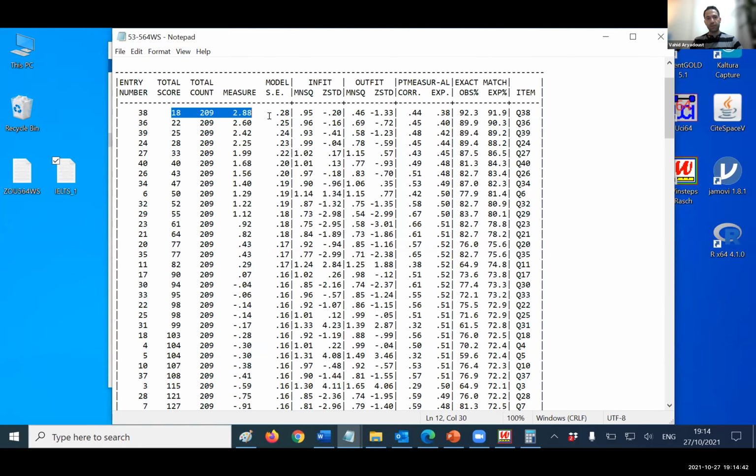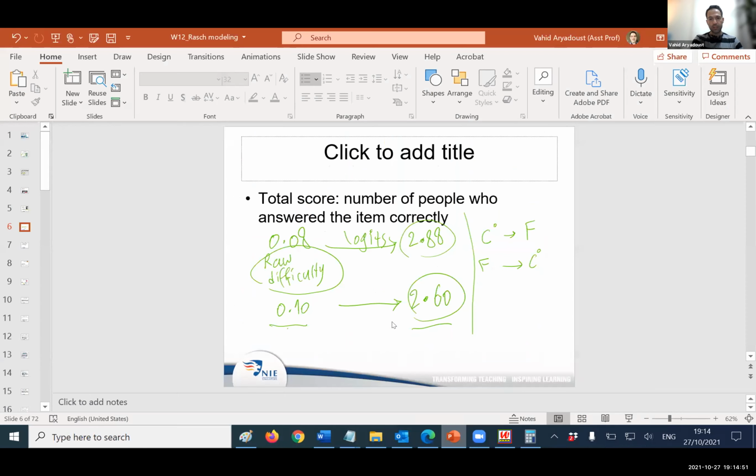Okay, next thing is this model standard error. What does it mean? So look, I've got this 2.88, I mean item difficulty, in my sample.